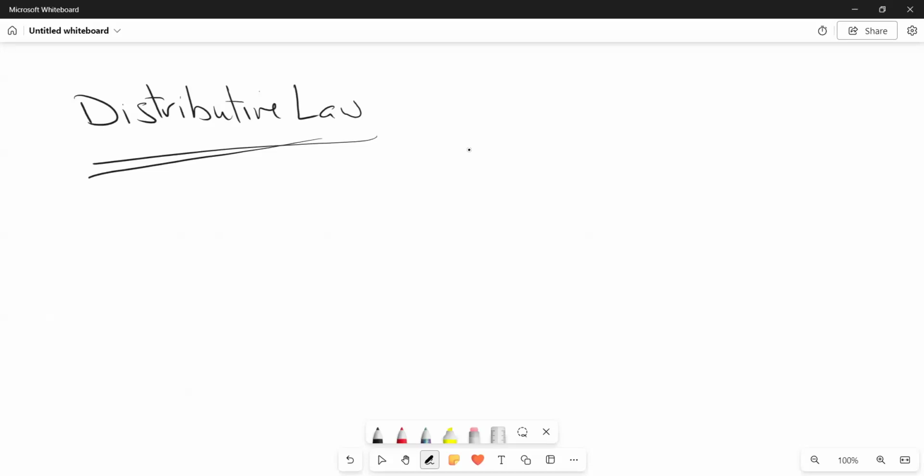Now, what the distributive law is saying is if you have A out here and you have B plus C here, this is equal to, and I'll put 3 strokes here, it means that it's identical to, not just equal to, AB plus AC.